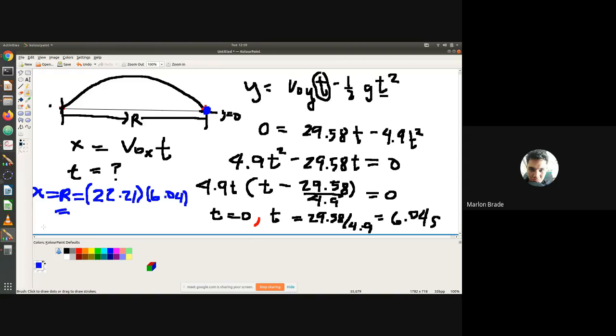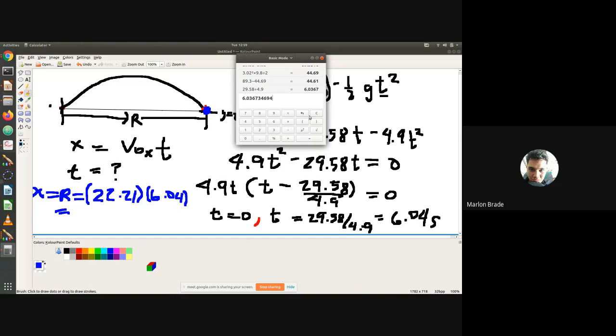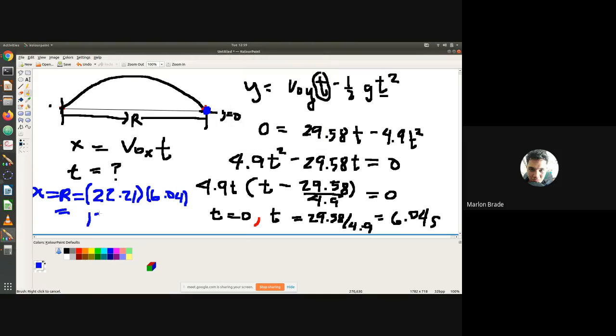So this is now equal to 22.21 times 6.04, which is 134.15 meters. So the distance from here to there is 134.15 meters. Okay? Any questions?